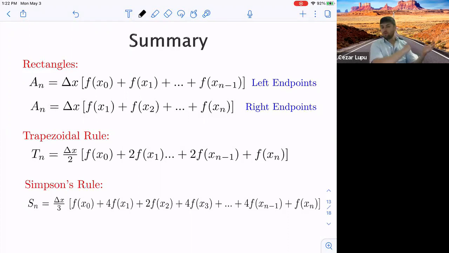Well, you have two choices here. You can either use the left endpoints or the right endpoints. It doesn't really matter. Then the area will stay basically the same. So both of them will approximate the integral. Unfortunately, it's not the best approximation you will find, but it is an approximation. So those are the two rectangle rules, using the left endpoints or the right endpoints.